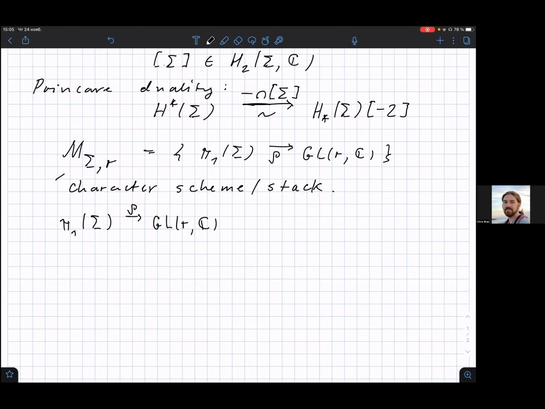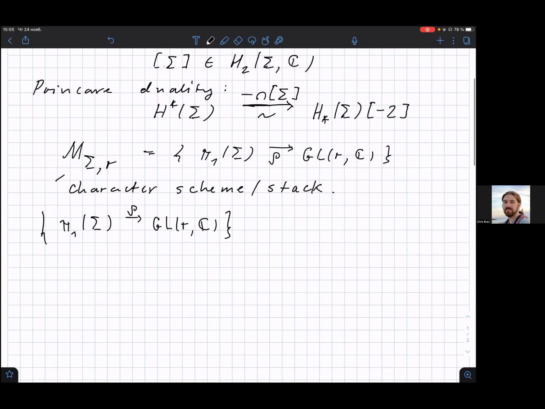But there's also a topological description of representations. So these representations can be thought of as monodromy for a locally constant sheaf. So this is rank R local systems.